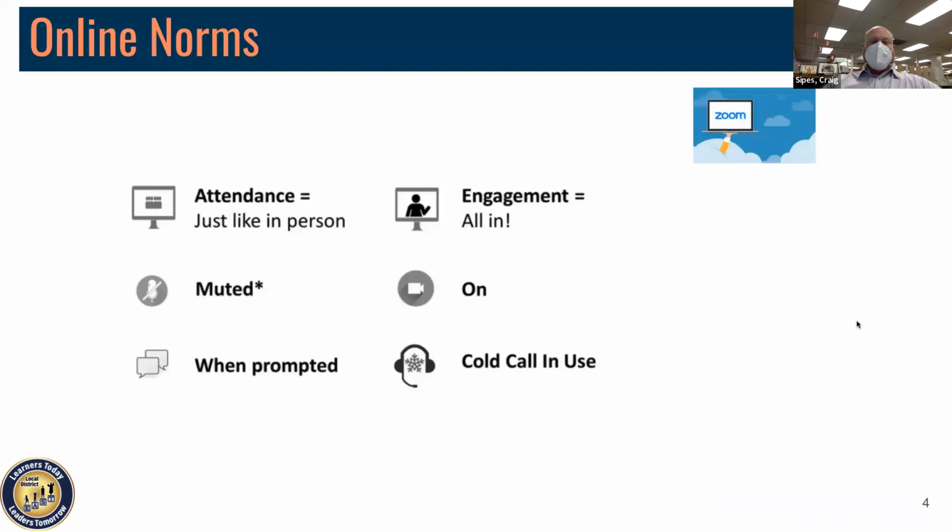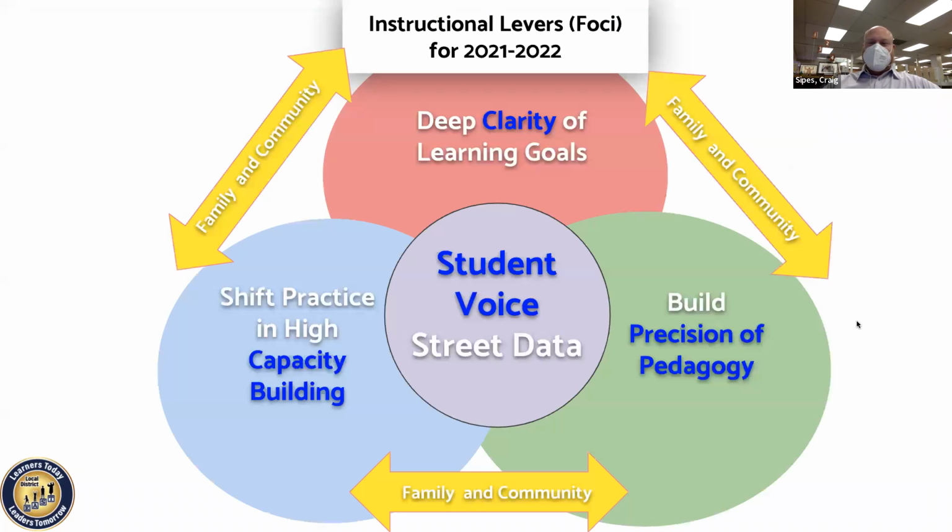So you know the norms. We'll continue on. And the instructional levers are the same. We're continuing to look at clarity of learning goals. We're digging into precision of pedagogy and we're continuing to think about how we can elevate student voice.